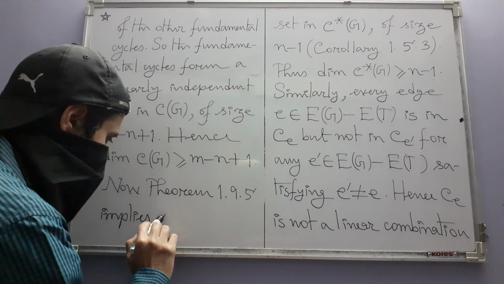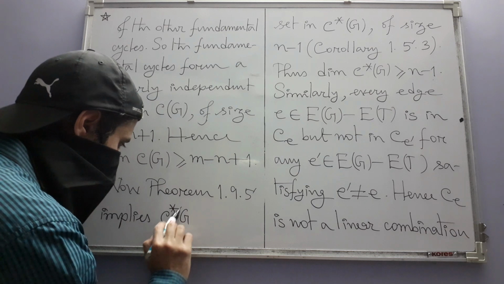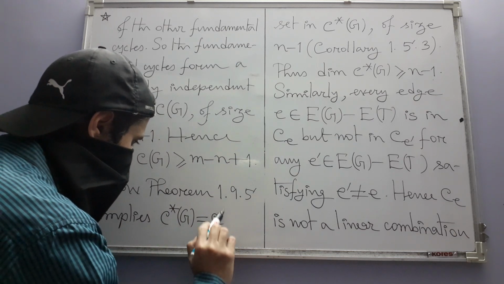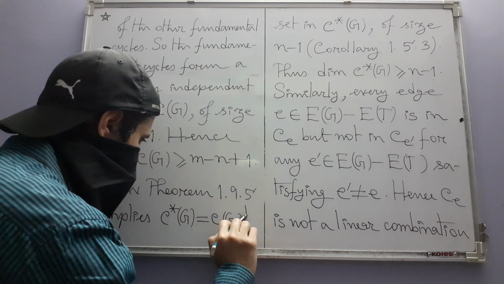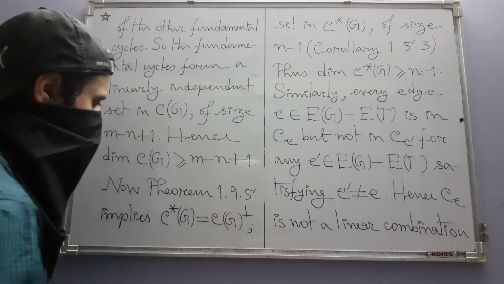implies that C star of G is C of G perpendicular. So this is one thing.